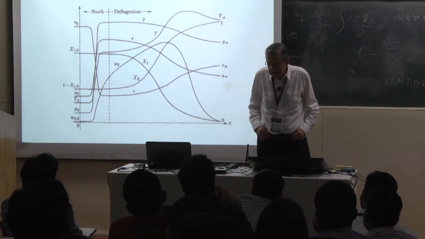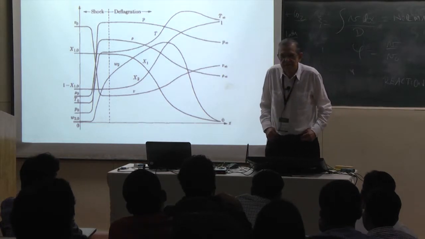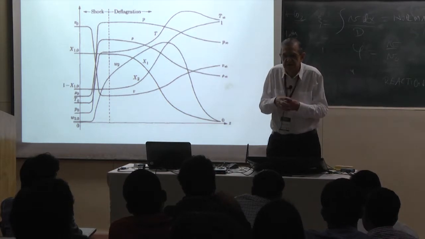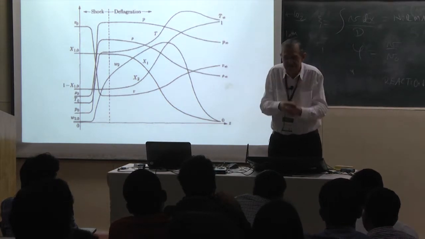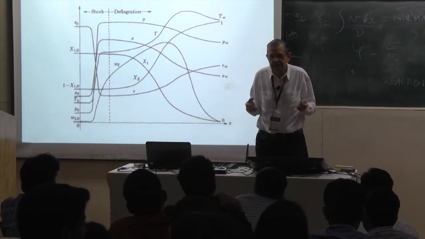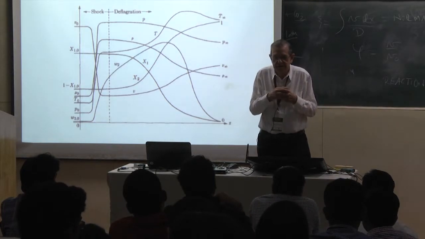Yes. I guess the point is that it's not easy to establish a detonation right off. You can't. You have to deposit an awful lot of energy. So if you deposit enough energy instantaneously, then you can go to a detonation.